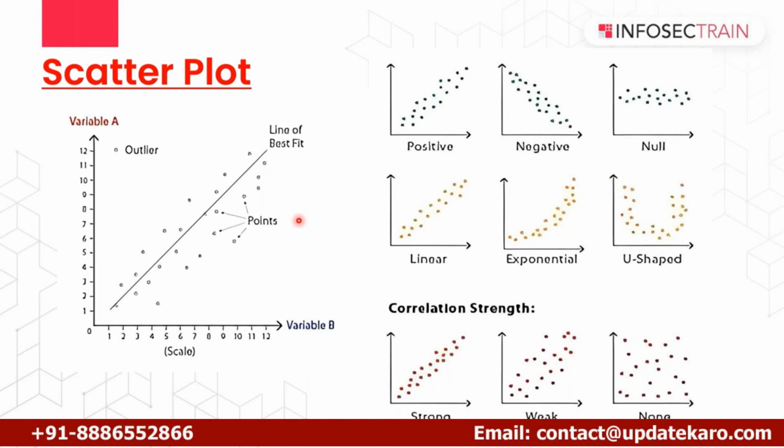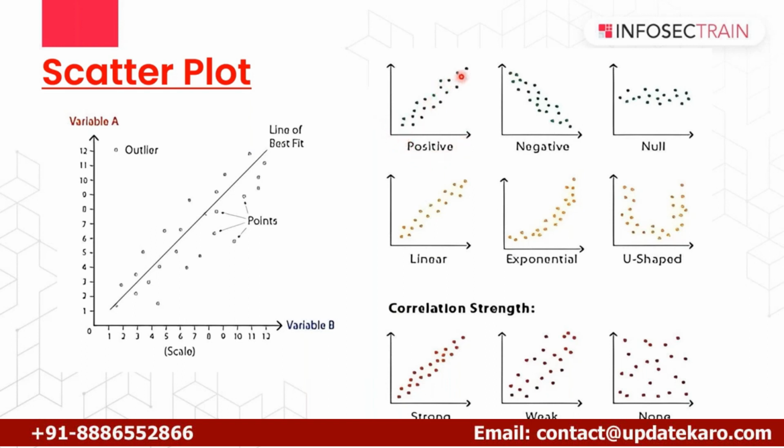Now let's move to the different types of scatter plot. Let's understand what different types of scatter plot there are. As you see over here, this first type is a positive correlation between your variable x and variable y, or variable a and variable b in short. How can you identify that this is a positive correlation?